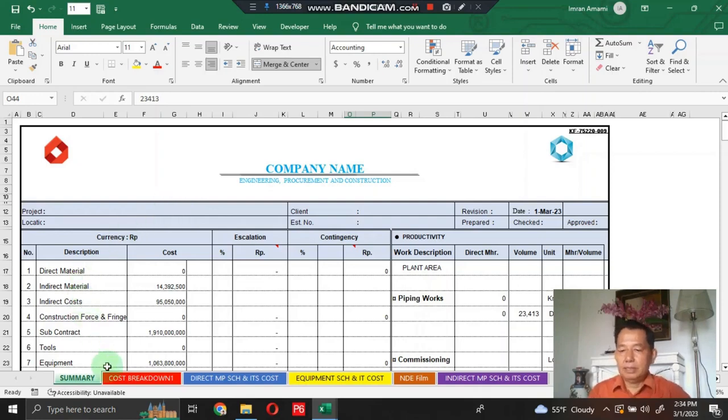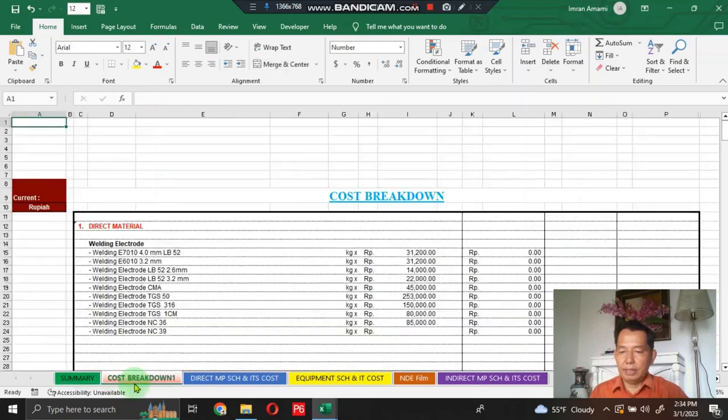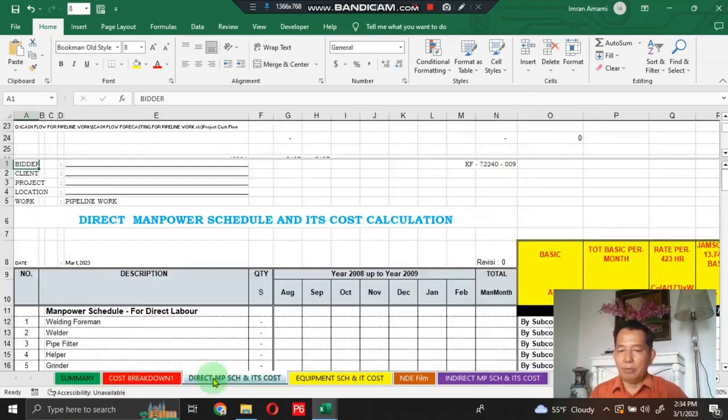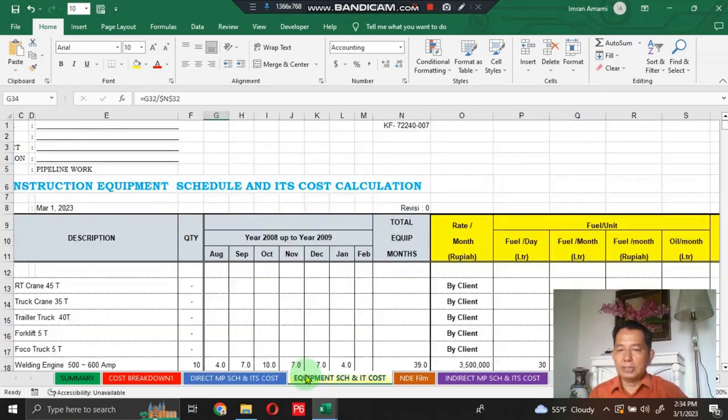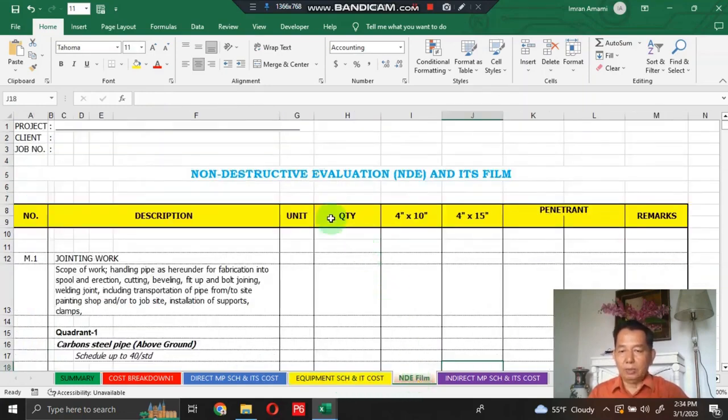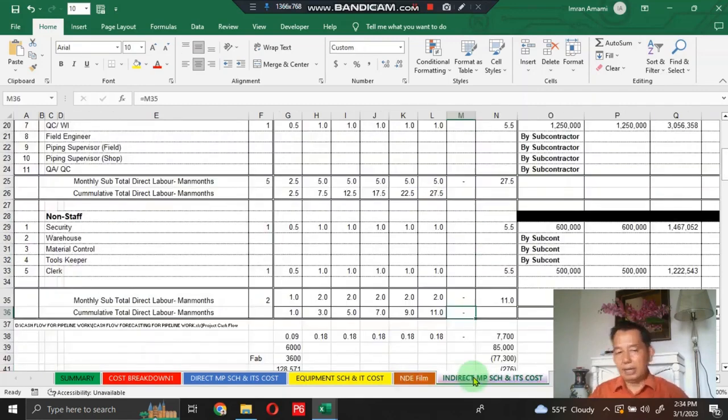It consists of 6 worksheets, starting from summary and cost breakdown, direct manpower schedule and its cost calculation, construction equipment schedule and its cost calculation, non-destructive evaluation or NDE and its film, and the last one is indirect manpower schedule and its cost.